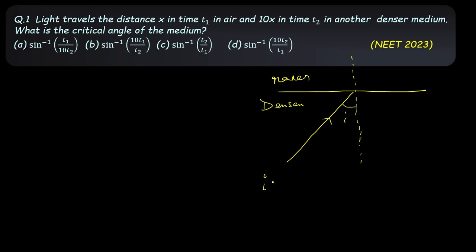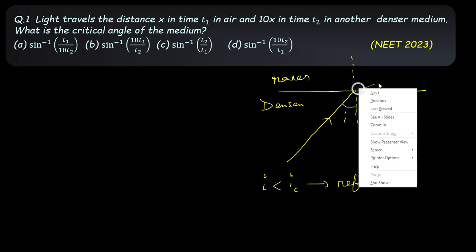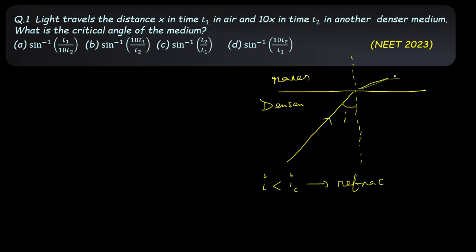If the angle of incident is less than some critical value, then the ray of light will suffer refraction, which means it will transmit into the rarer medium. On the other hand, if the angle of incident is more than the critical angle, then it will reflect back into the medium. This is called total internal reflection.